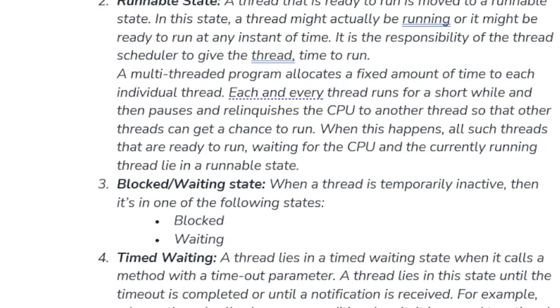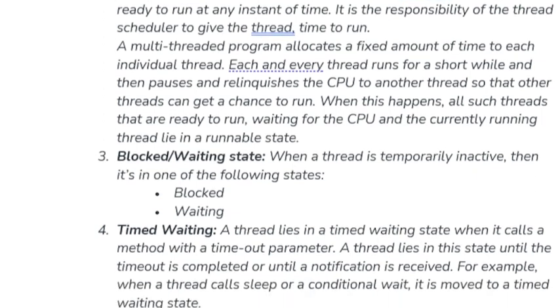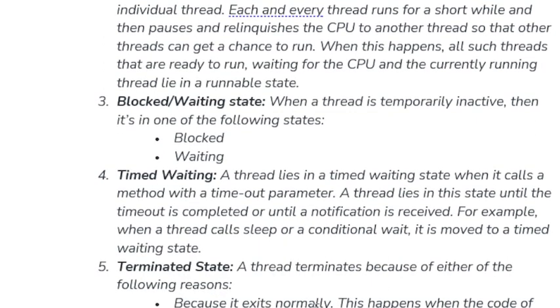Then the terminated state. A thread goes to the terminated state for two reasons. One, it exits normally: if it has completed the execution of the program, it will go to the terminated state. This happens when the code of the thread has been entirely executed by the program.